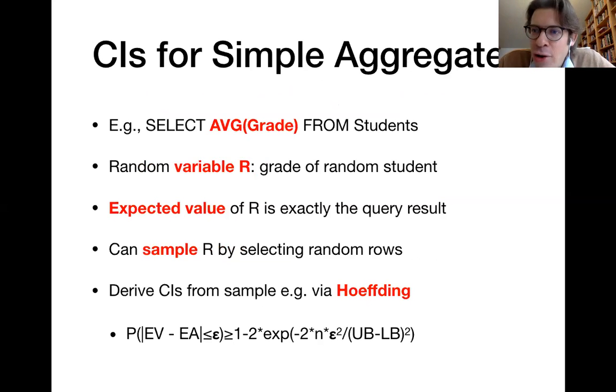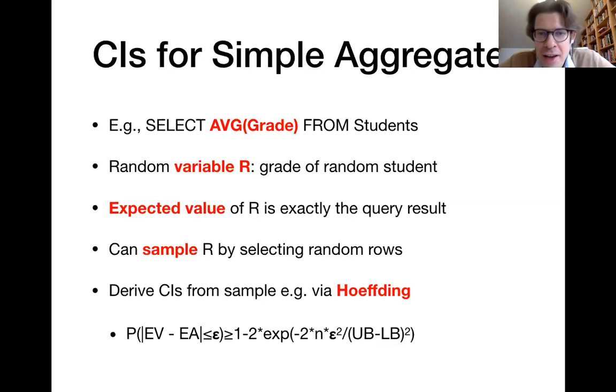Now, let's first of all talk a little bit about how we can calculate those confidence intervals. We start with relatively simple queries. Let's say that we just calculate an average over one column, and we don't have any predicates, we don't have any group by, we just have a very simple aggregation query. Conceptually, what we do here is the following. We introduce a random variable, let's call it R, which essentially represents the grade of a random student.